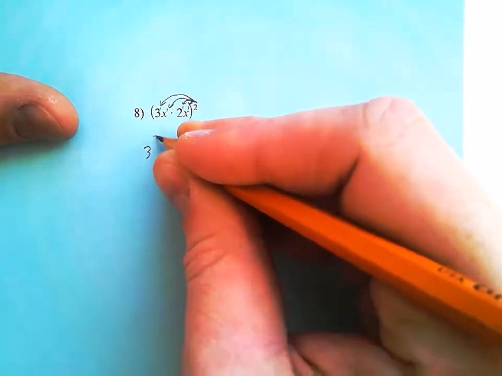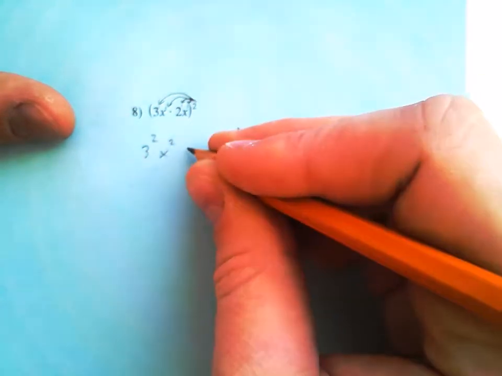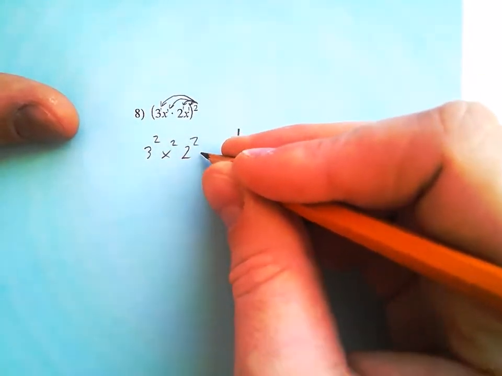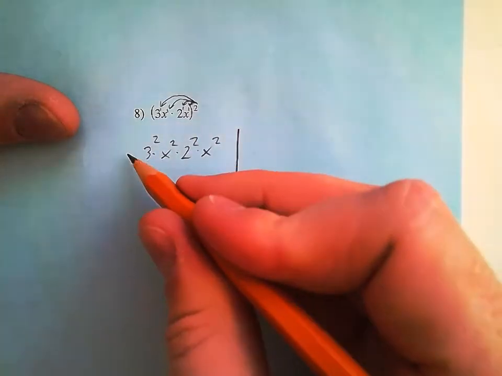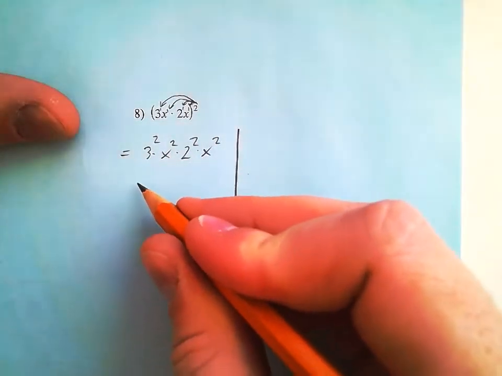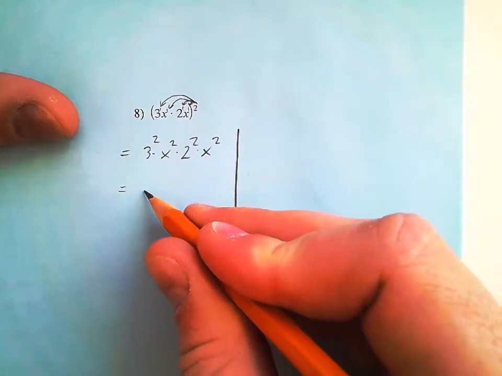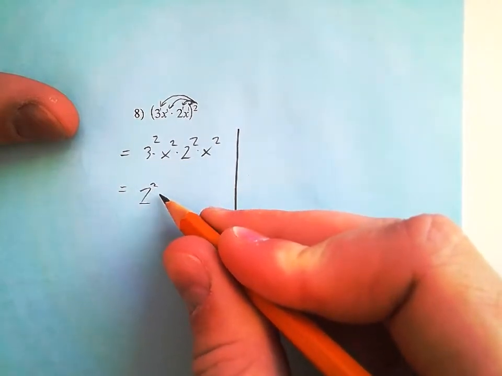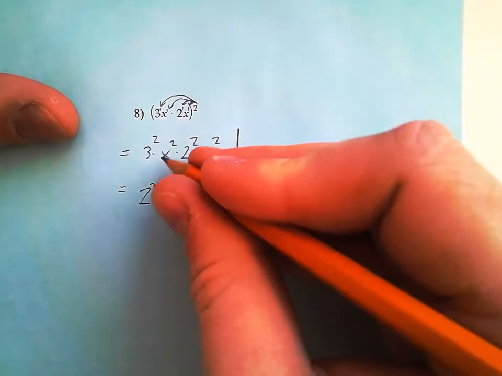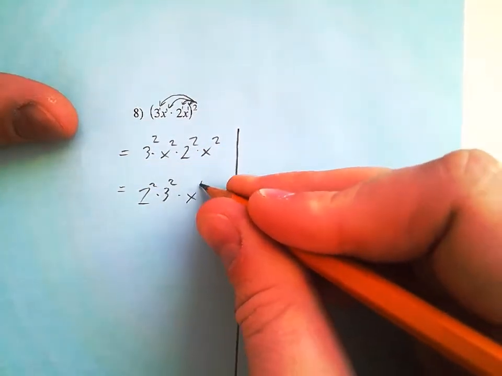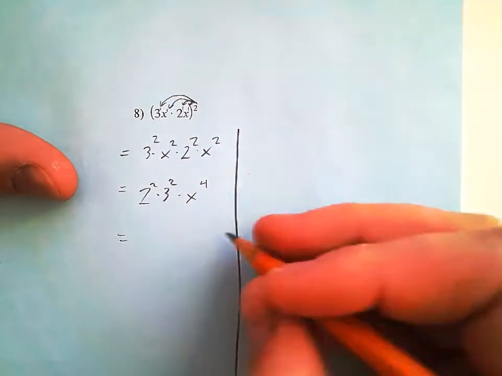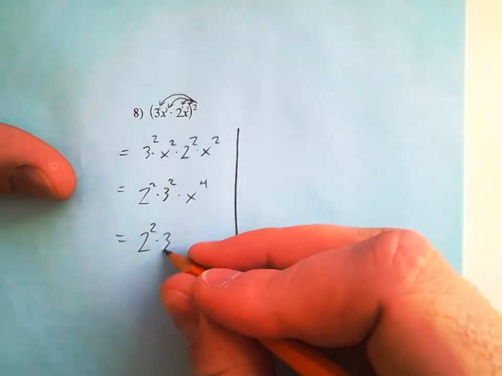So it'll be 3 squared times x squared times 2 squared times x squared. And then you could put the numbers in the front, 2 squared times 3 squared, x squared times x squared would be x to the 4th. And I'll just leave the 2 squared times 3 squared how it is.